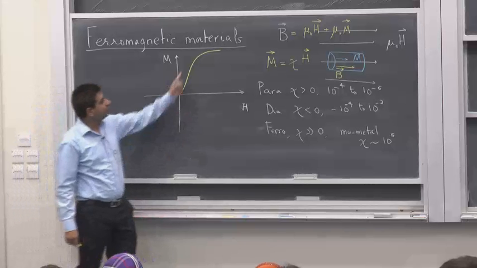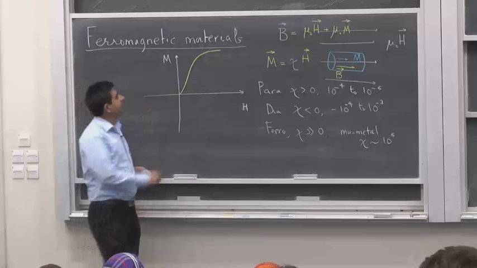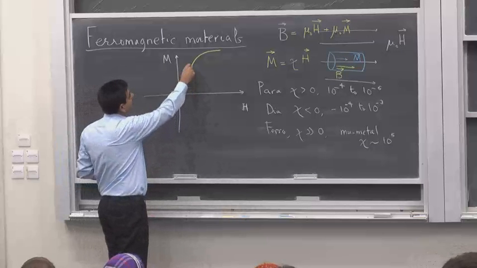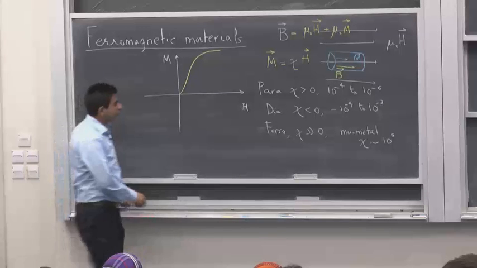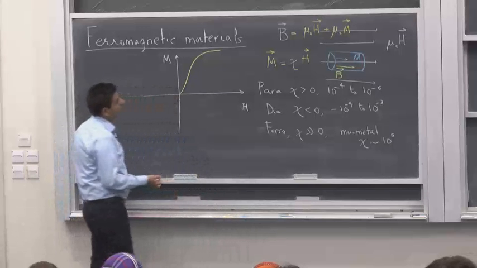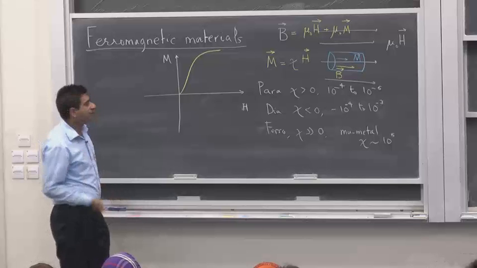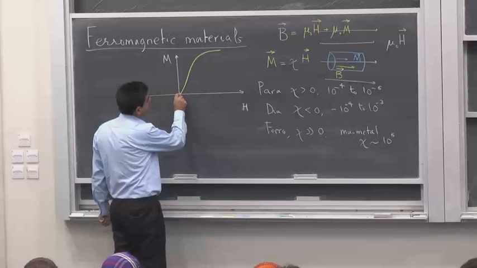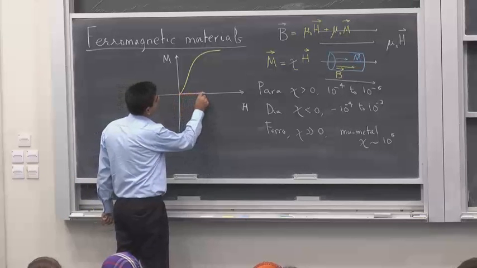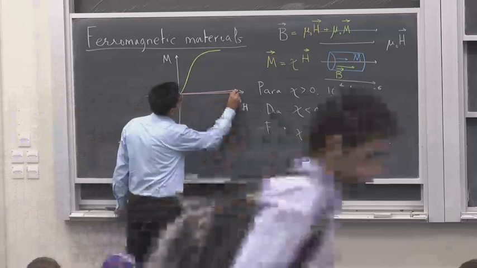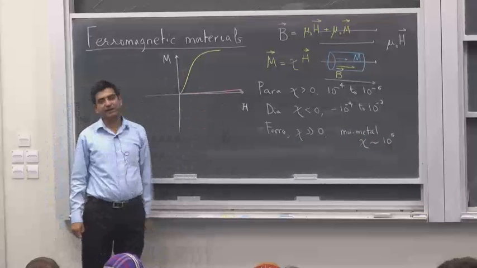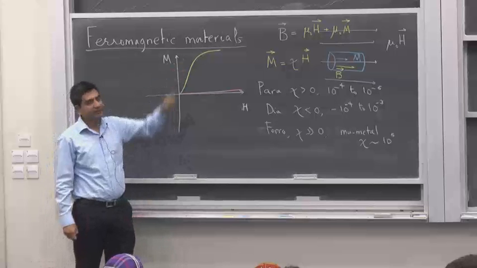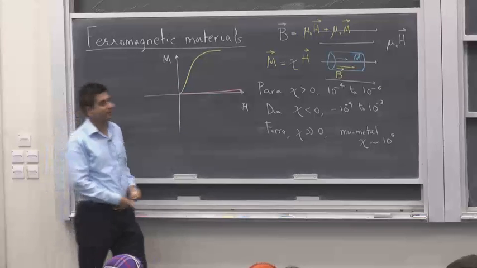So it's non-linear, not a straight line. The slope of this line is different at different points, and the magnetization is really large. If on the same scale I were to plot the magnetization of a conventional paramagnetic medium, the slope will be almost zero, and the magnetization will be orders of magnitude smaller than that of a ferromagnetic material.